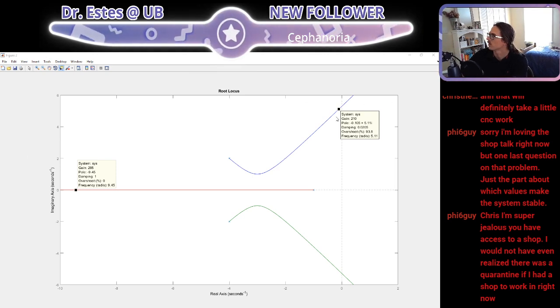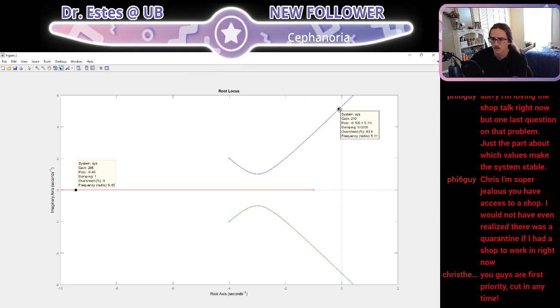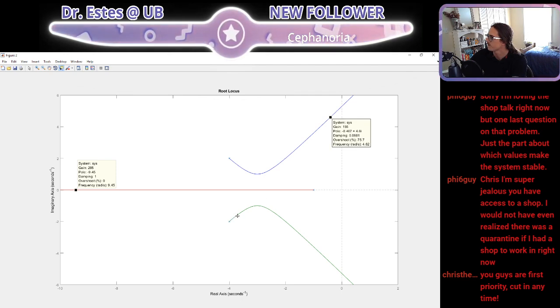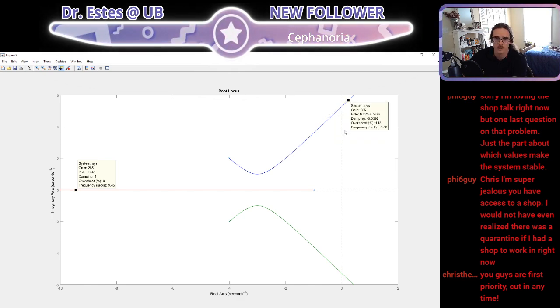So, you see, here's the imaginary axis. If the roots go over here and have a positive real part, then the system is unstable. So that's the definition of stability.